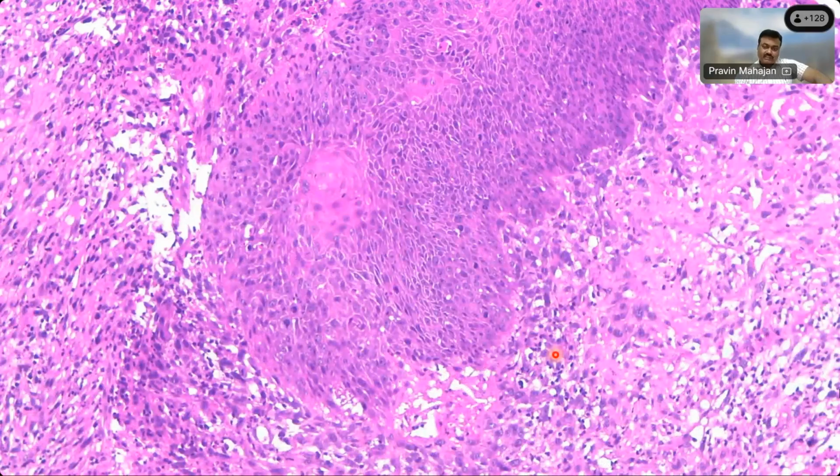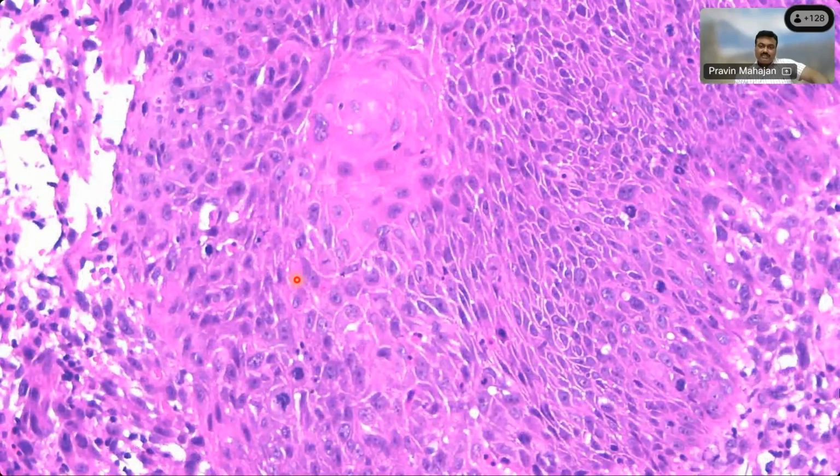In this area again you can see mitotic activity, very irregular hyperchromatic nuclei reaching up to the superficial layer also. And this is definitely dysplastic. It is almost amounting to squamous carcinoma in situ, severely dysplastic. If we compare this dysplastic area or squamous carcinoma in situ with another squamous epithelium, here you can see very nice maturation happening from the basal layer through the middle layer and to the upper one third.